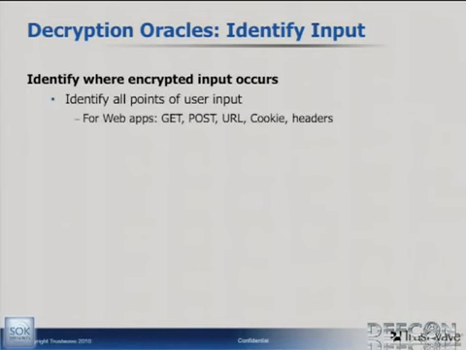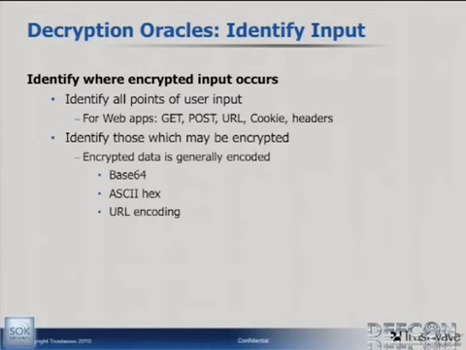So when we're looking for decryption oracles, we're going to look for ciphertext being passed in as some sort of input. So you're going to want to look for all points of user input: GET, POST, URL, anything in the cookie field or in HTTP headers, which is a little bit rare, but can happen. And then identify those which might be encrypted.